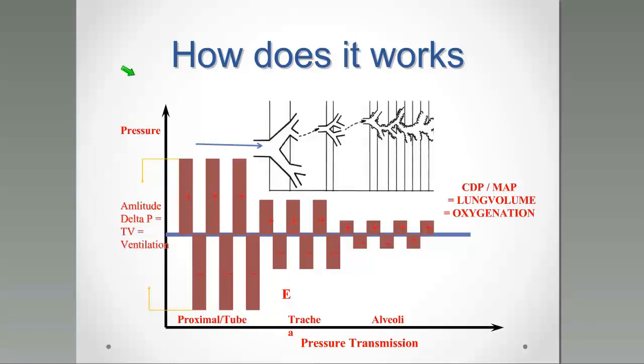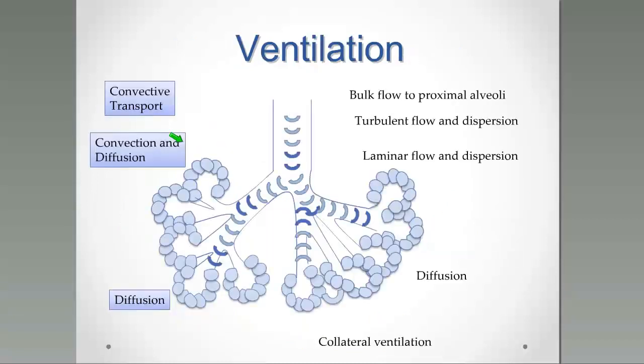But if we have to use high frequency ventilation in bigger babies or even in adults, we will need to use higher pressure, higher delta P, and lower frequency. We are going to review how the frequency by itself modifies and transmits the delta P, depending on the high or the low frequency. We will go back to it in a few minutes.